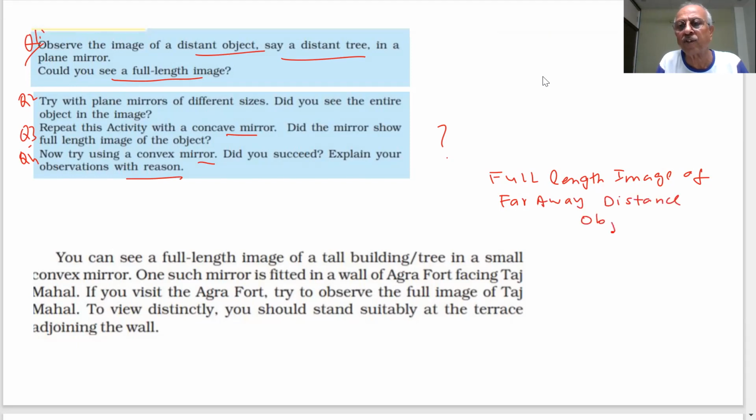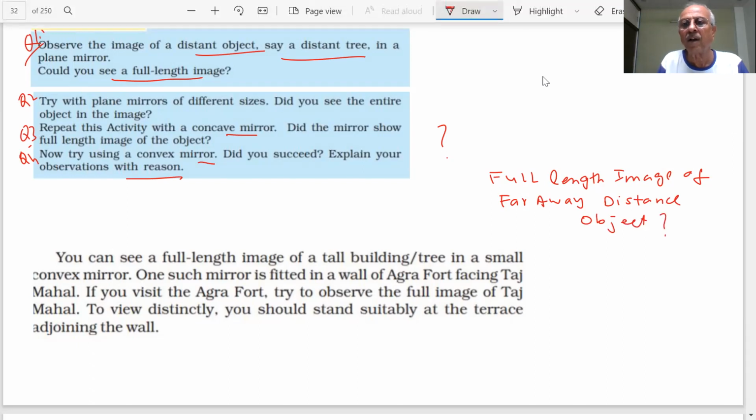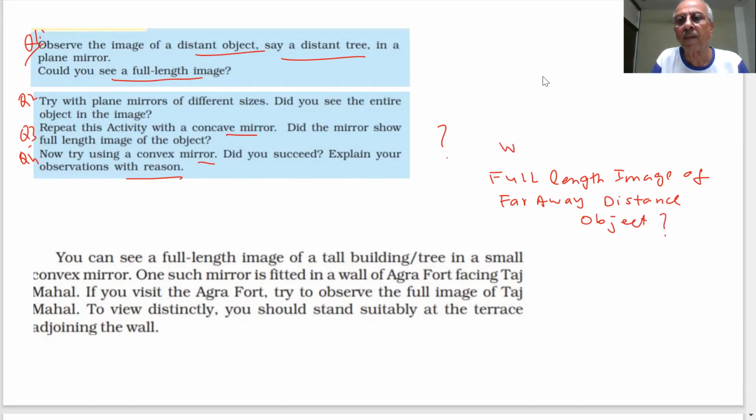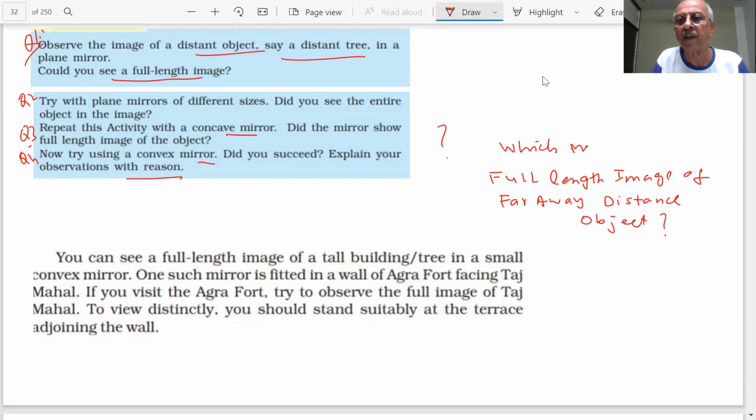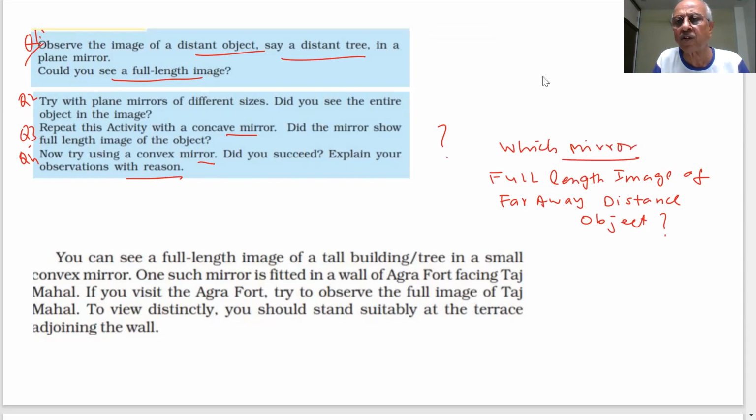Can you answer this question? Which mirror can give me this? You have 3 mirrors, plane, convex and concave. Can all the 3 mirrors give you a full length image of a far away distant object? Yes or no? What is the answer?